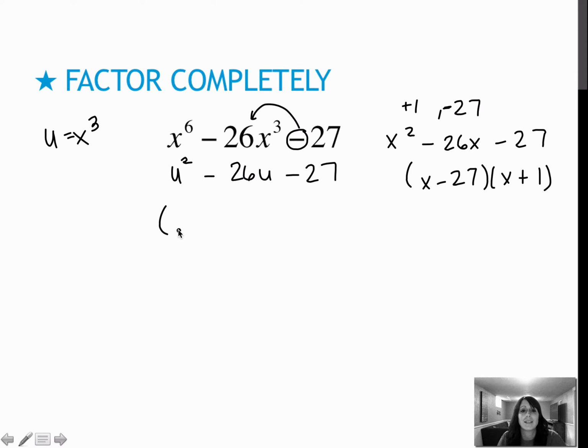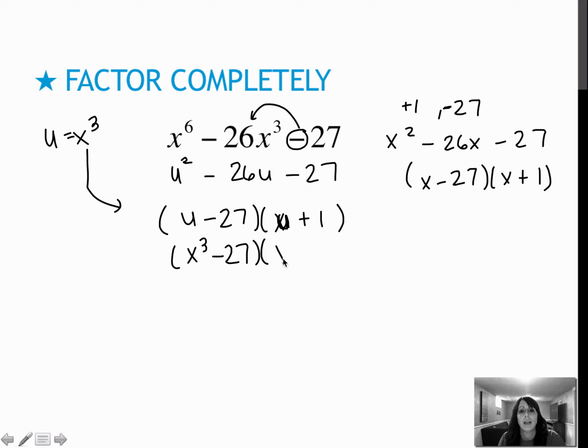So isn't this just u minus 27 and u plus 1? And now I'm going to put that x cubed back in for u, so now it's x cubed minus 27 and x cubed plus 1. So this is using a method called u substitution. It's one way to think about it.